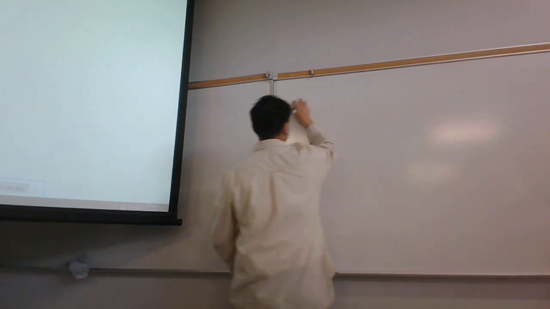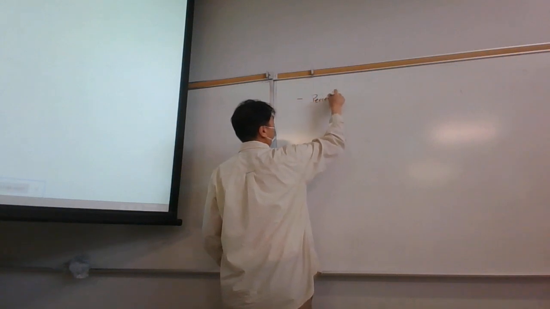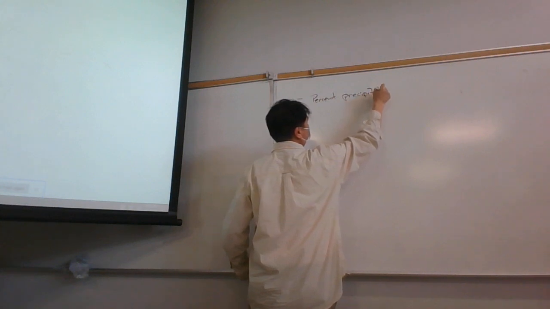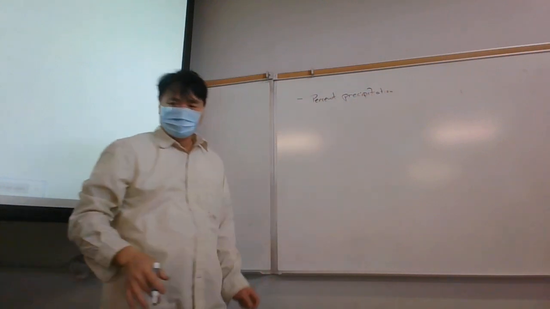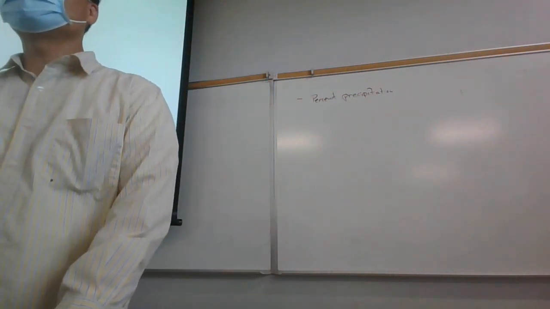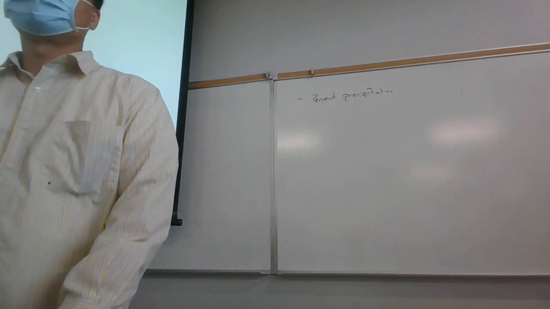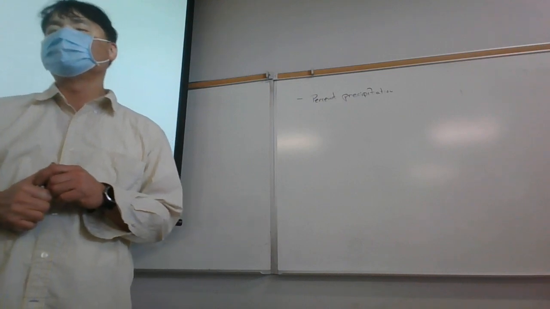Okay, the next type of calculation we look at is called percent precipitation. Usually, can we get 100% precipitation? Is that theoretically possible? No. And so what do we call complete precipitation?